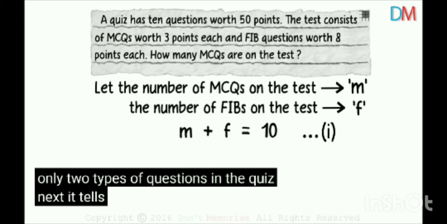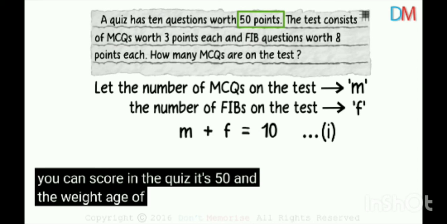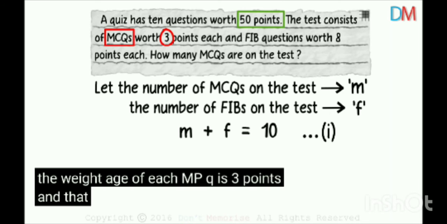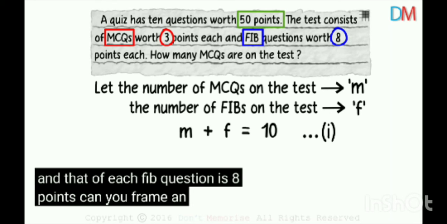Next, it tells us that the maximum points you can score in the quiz is 50. And the weightage of each MCQ is 3 points and that of each FIB question is 8 points. Can you frame an equation with this data? Try it.